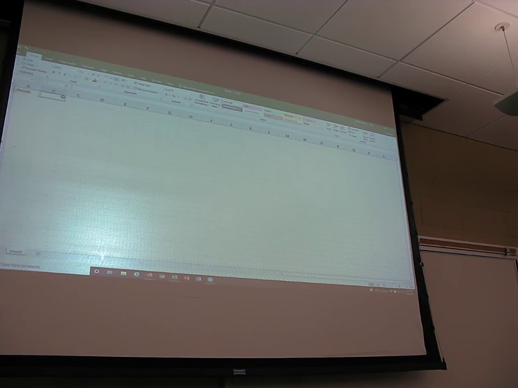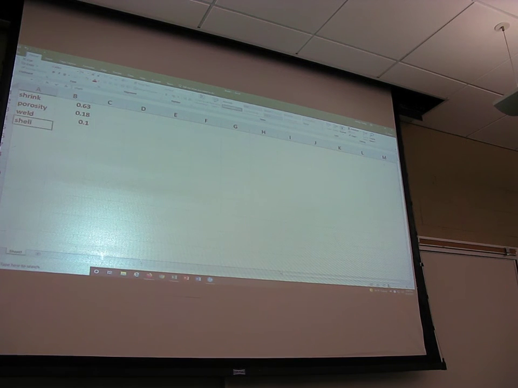How much was shrink? 63, so I'm going to put in 0.63. Everybody good? What was the next one? Velocity, 18%, 0.18. Weld. How much is weld, guys? 10%, 0.10.